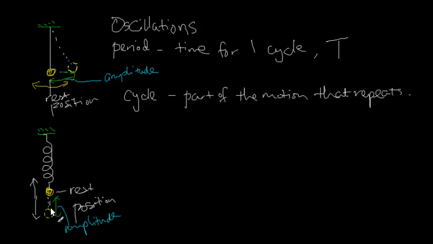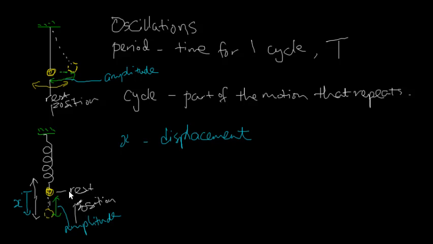Let's see. So at a certain part of the motion, let's say when the ball is at a certain position, it has a certain displacement. I'll call that x. So the x will keep changing as the ball moves up and down. So we think of x as a displacement from the rest position.